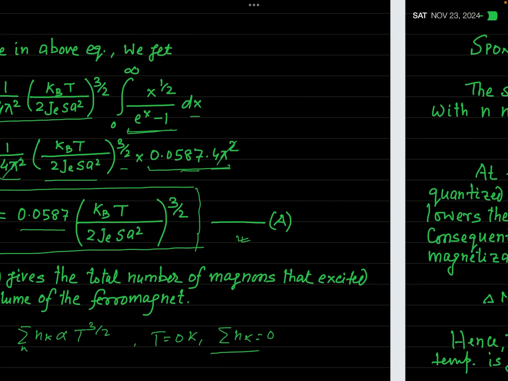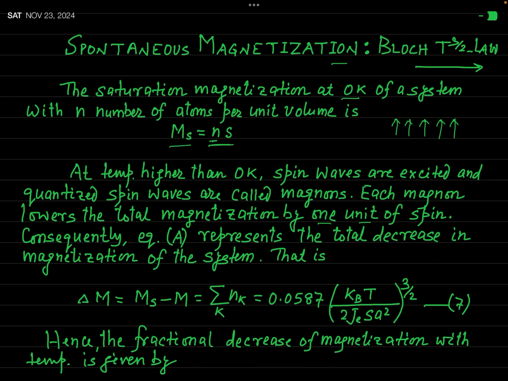Therefore equation A represents the total decrease in magnetization of the system.